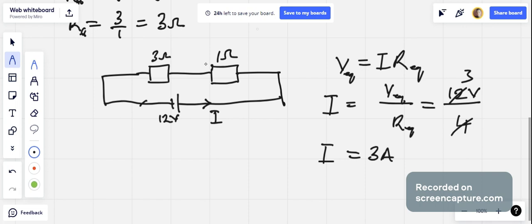So the current through this 1 ohm resistor is 3 amps. That's how to do this example.